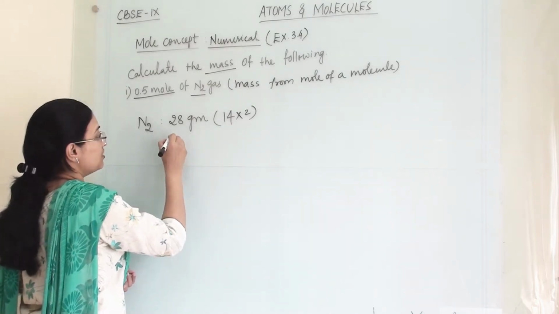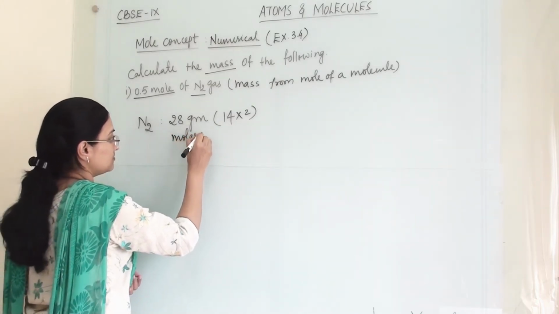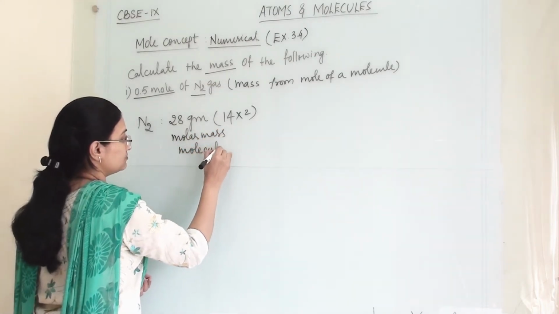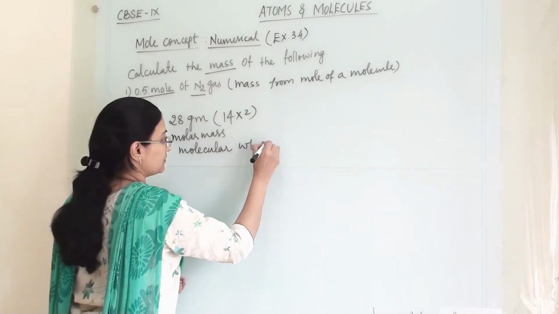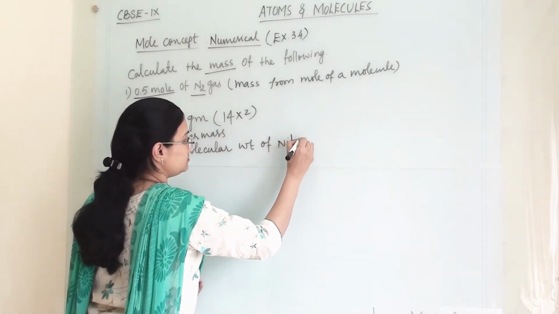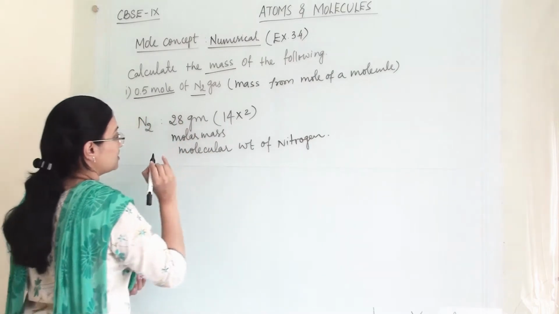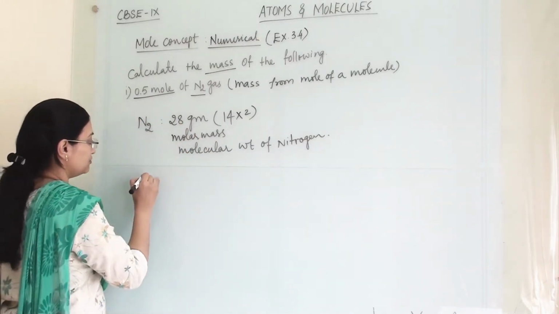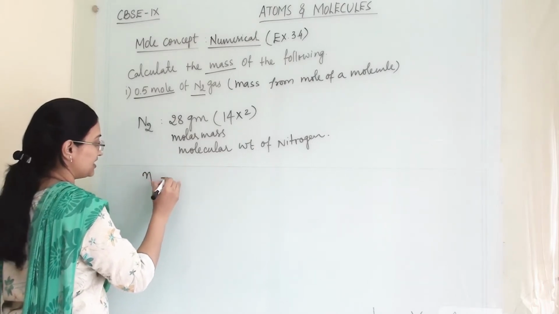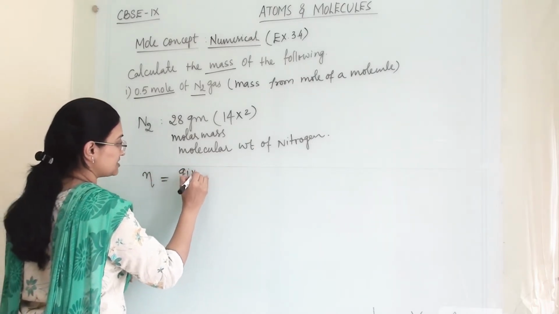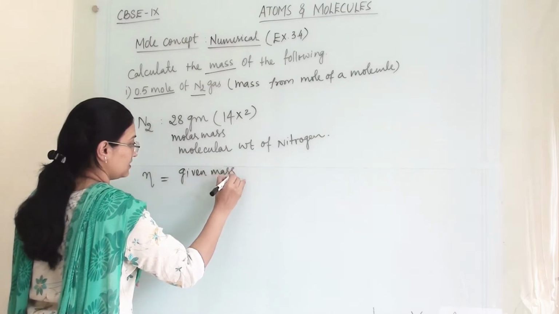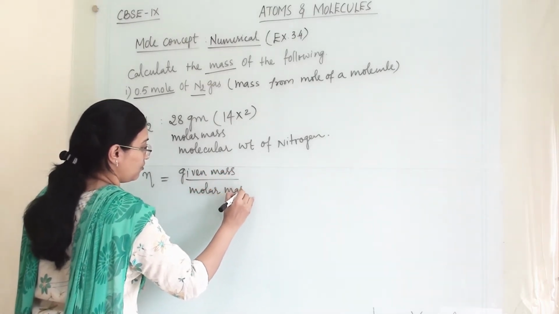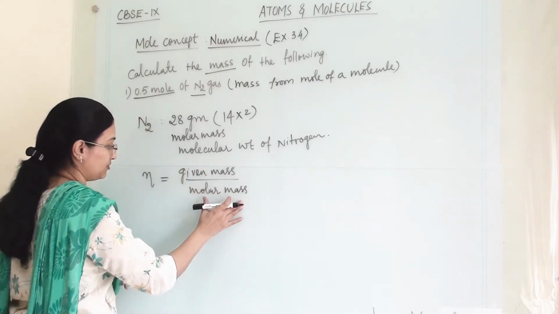So this is molar mass or molecular weight of nitrogen. Now what is the formula to find out mole? So this is n, the mole, equals given mass divided by molar mass or molecular weight or atomic weight.